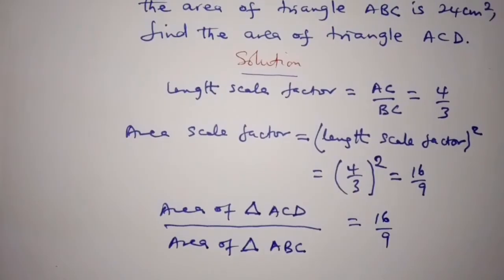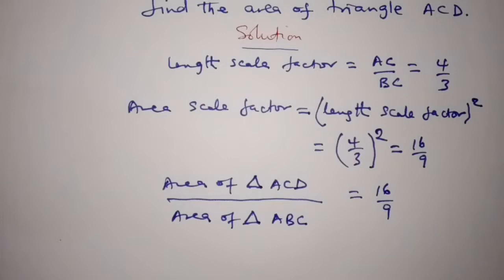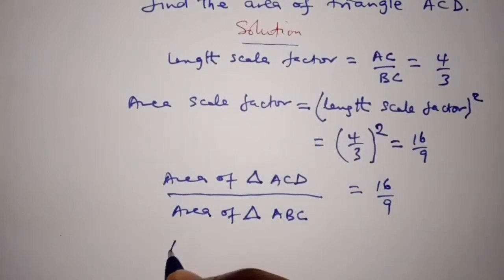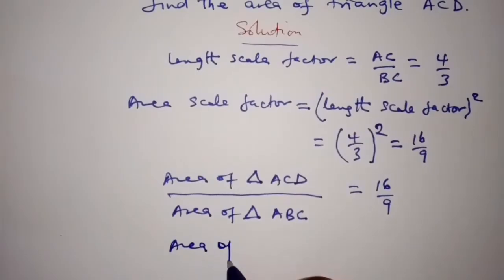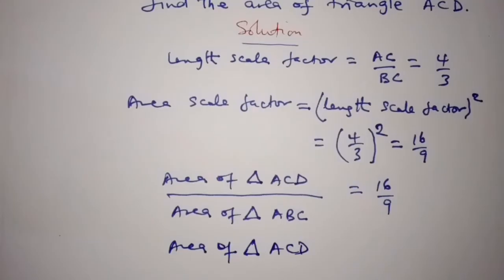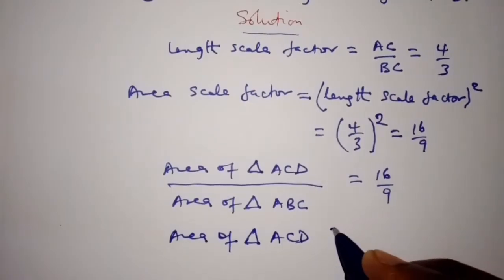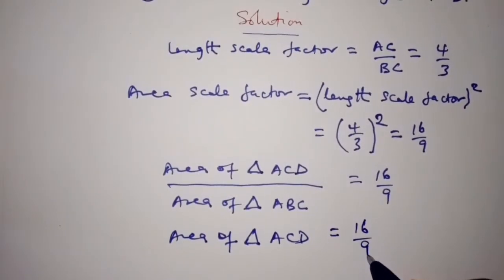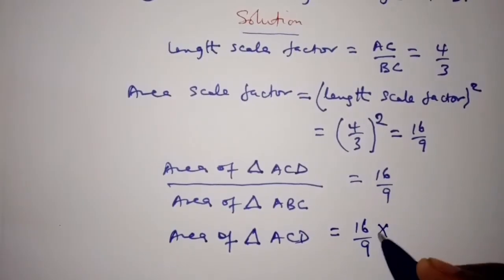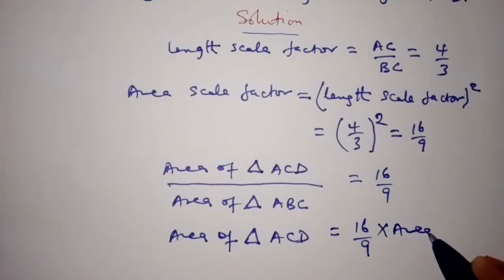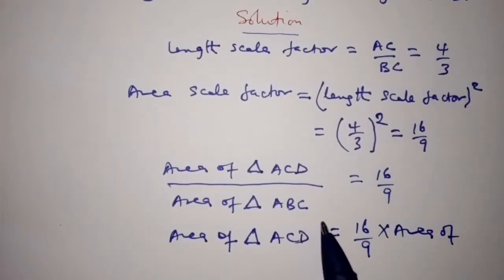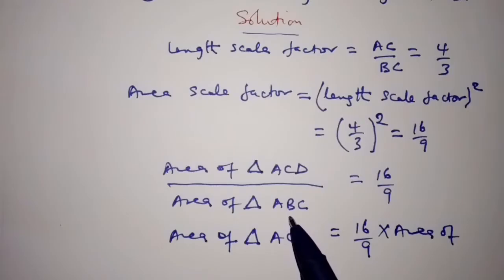So from here we can find the area of triangle ACD, and the area of triangle ACD will be 16 over 9 times the area of triangle ABC.